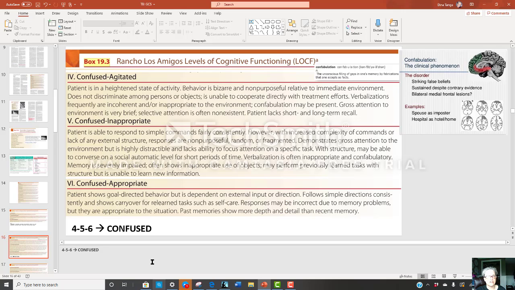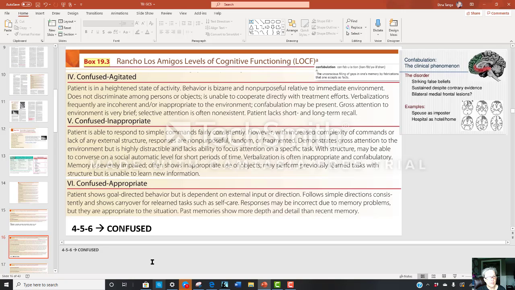Demonstrates gross attention to the environment, but is highly distractible and lacks ability to focus attention on a specific task. May be able to converse on a social automatic level for short periods of time. Verbalization is often inappropriate and confabulatory.